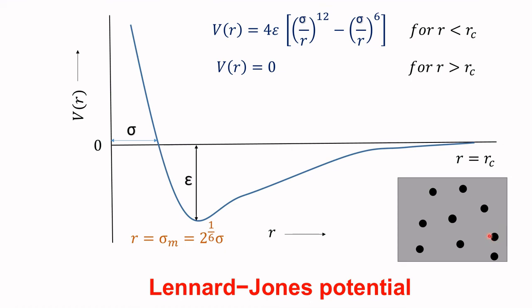Then there is going to be no interaction between these molecules. So this is the expression for the Lennard-Jones potential: if the distance between two particles is less than the cutoff distance, there is always going to be some interaction. But when the distance is greater than the cutoff radius, there is no interaction between the particles, and the value of the interaction potential is going to be 0.